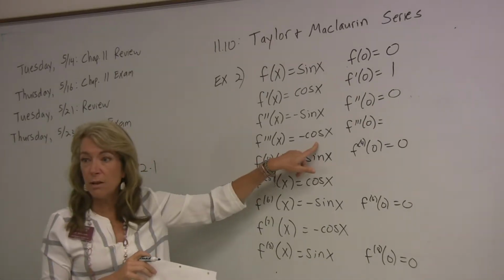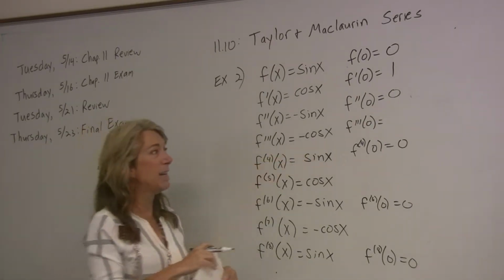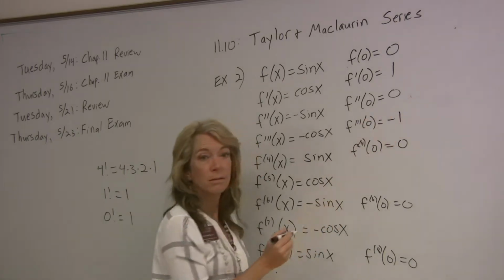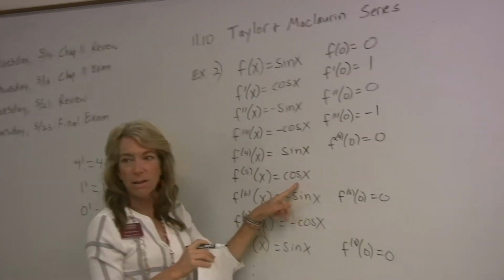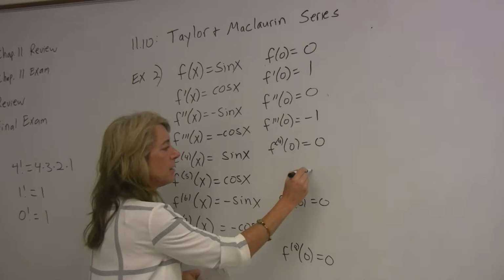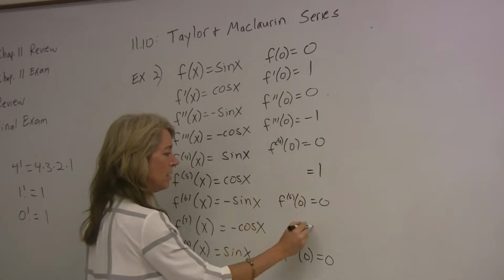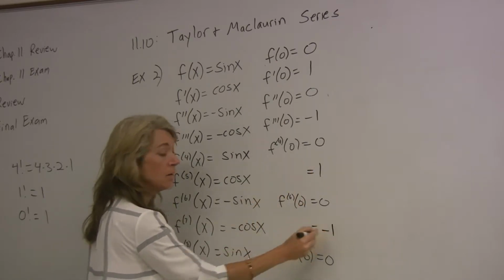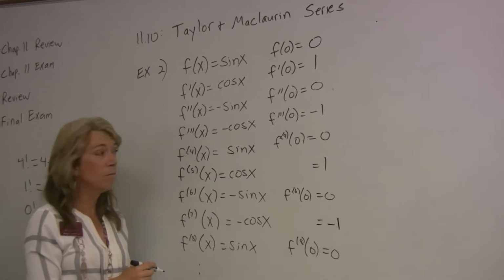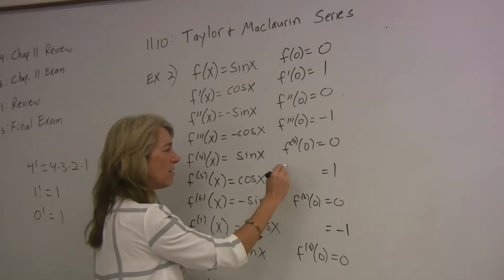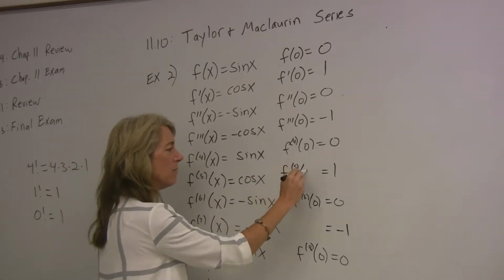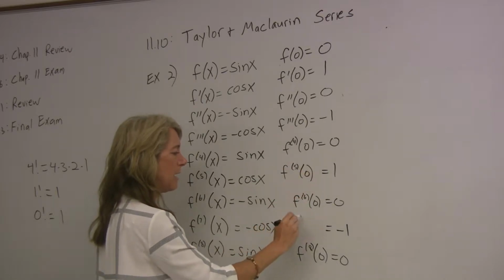Because negative cosine of 0 is going to be a -1. And then when we get back here to cosine of 0, that's going to be a +1. This one's going to be a -1. Same reasoning. So it actually is an alternating series once we start writing it out.